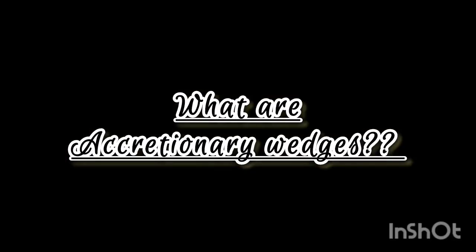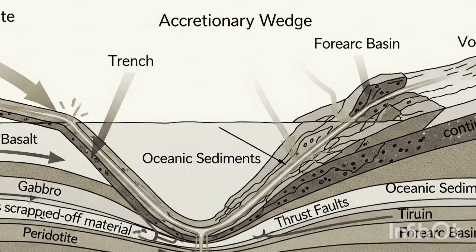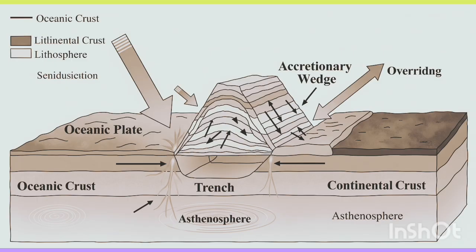Now let's find out what accretionary wedges are. When material of the oceanic plate is being dragged down into the mantle, other sediment that falls into the trenches is also piled up to form what is known as the accretionary wedges. These wedges consist of material eroded from the sinking plate and may add more complication to the structure of the continental margins.